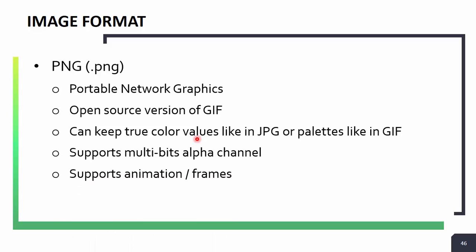It also supports animation and frames, but so far I don't see any application or web page that actually animates PNG, because even though we have a resource of animatable image like PNG, if there is no application that supports the feature that it has, you won't find anyone using it. And it employs lossless compression.